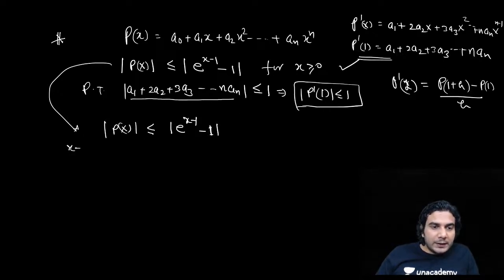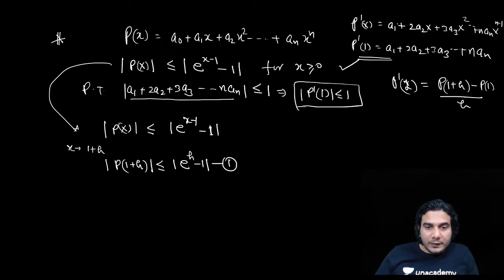So we'll put x is equal to 1 plus h in this. It is mod of p of 1 plus h, less than or equal to e raised to 1 plus h minus 1, which is e raised to h minus 1. Okay, so we have got this equation.